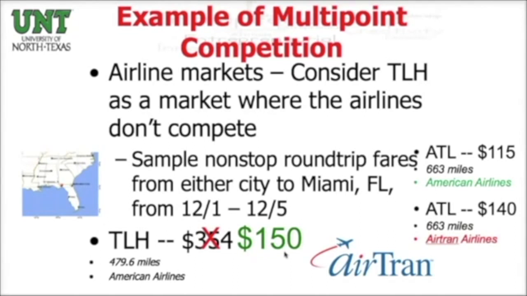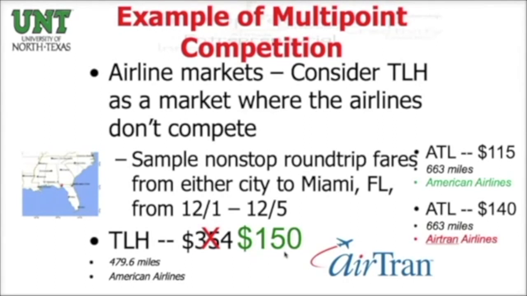So guess what happened? American decided they're going to punish AirTran, right? Initially they matched the price, $150, you could fly AirTran or American. They eventually drive AirTran out of the market. No one was flying it. So as soon as AirTran left, guess what American Airlines did? They raised the price of its ticket back to even more than what it was.